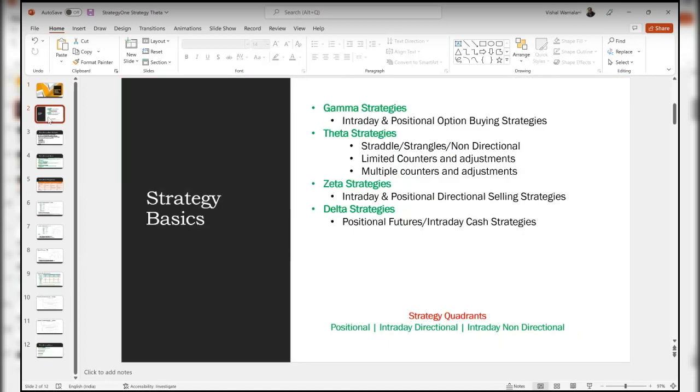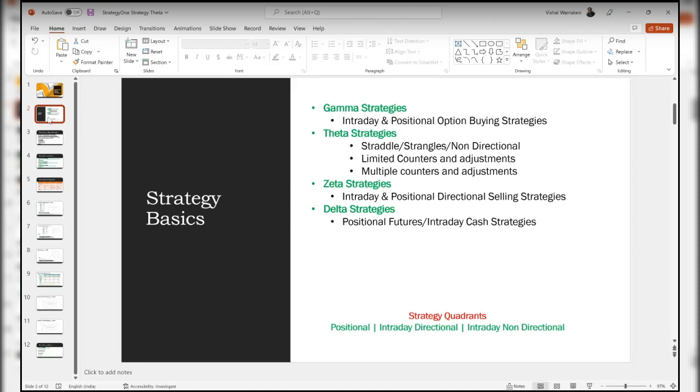As you know, we have four major quadrants of strategies, which are positional, intraday, and non-directional strategies. Under these quadrants, we have four segments: gamma, theta, zeta, and delta.